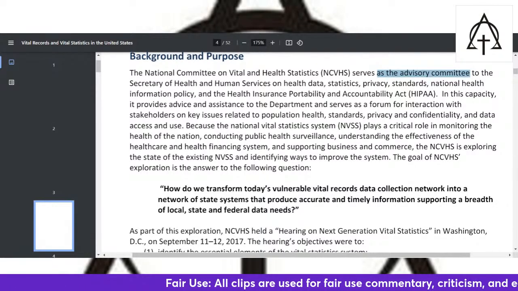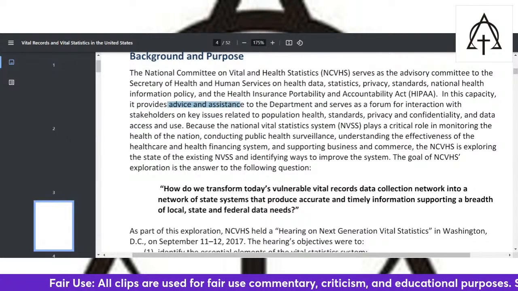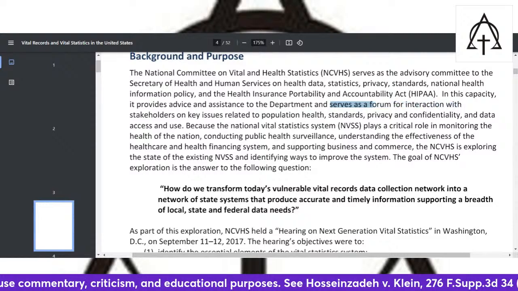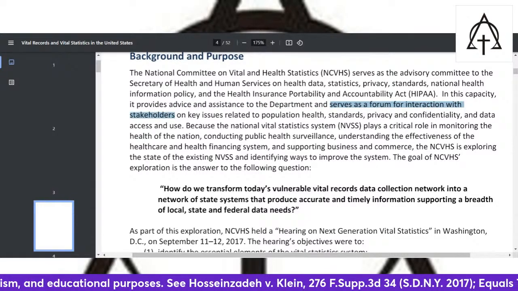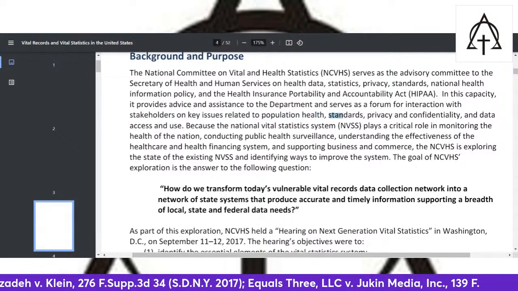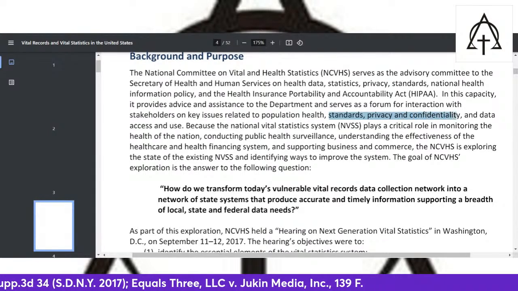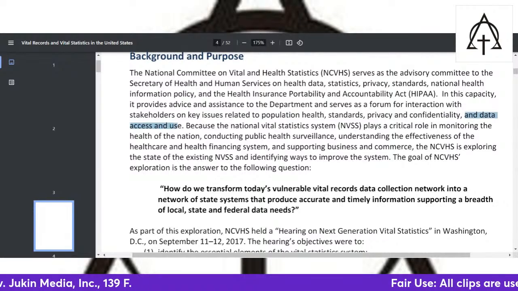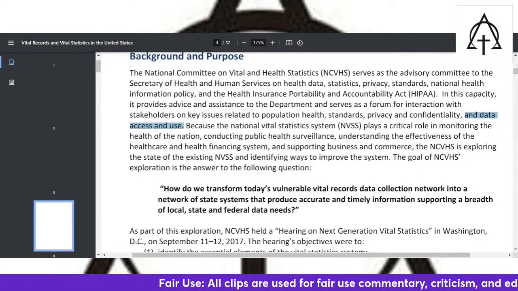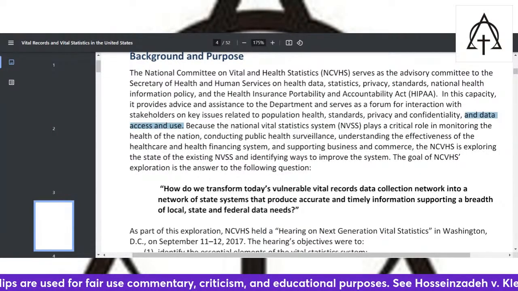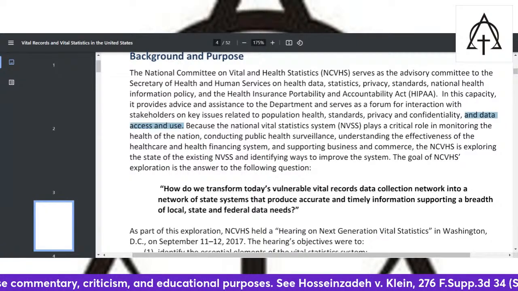In this capacity, it provides advice and assistance to the department and serves as a forum for interaction with stakeholders on key issues related to population health, standards, privacy and confidentiality, and data access and use. They don't have access and use until you give it up.